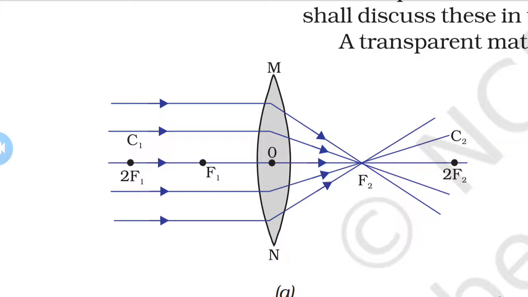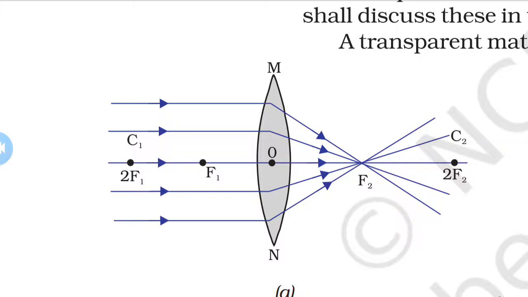A ray of light through the optical center passes without deviation, and it is normally denoted by O. Now the next term, aperture. The effective diameter of the circular outline of a spherical lens is called its aperture.